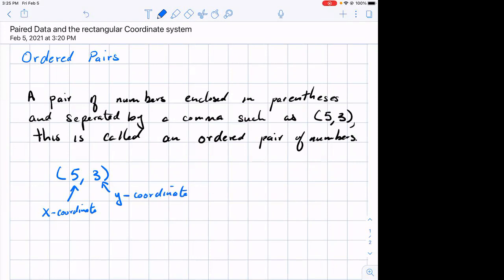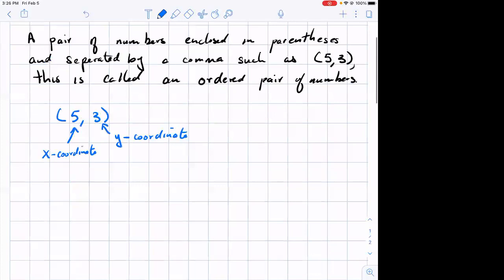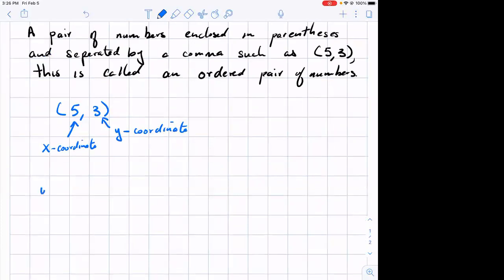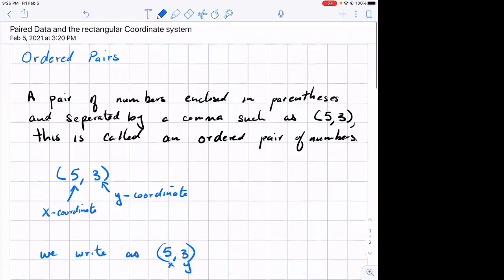That's why we sometimes refer to them as the xy. When we write 5 comma 3, we say this is x and that's y. This will really help us in understanding how to deal with equations with two variables. How do we graph equations?